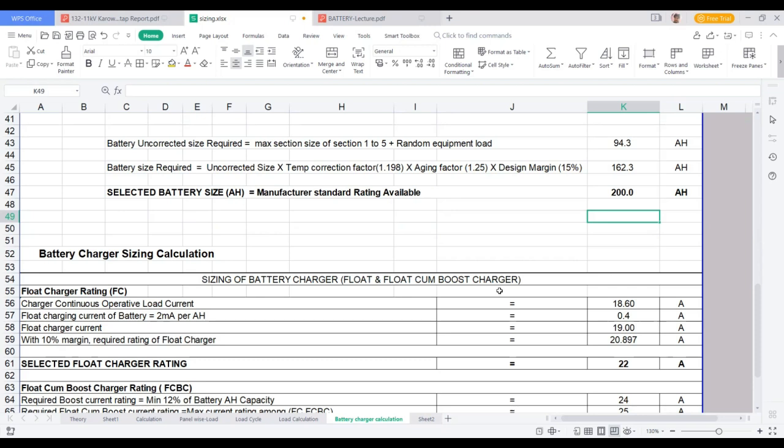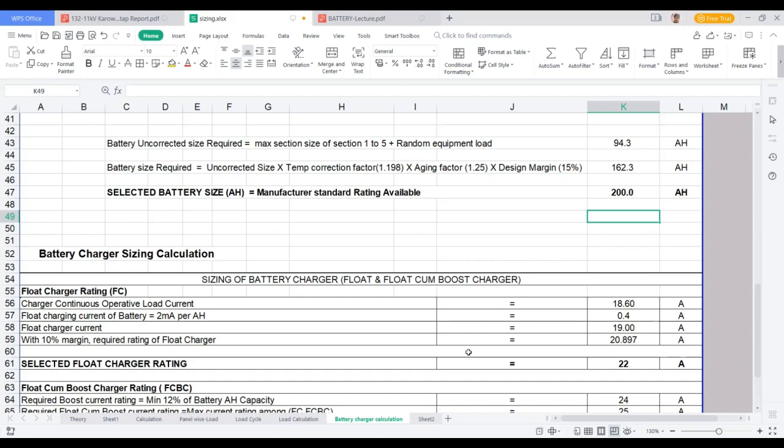At the same time, the charger would give the same 242 volts to the load, which is not good. So in boost mode, the 242 volts is directed through some dropping diodes where the voltage is dropped and 220 volts is delivered to the loads, and 242 volts is given to the battery. So there is a mechanism inside the battery charger.